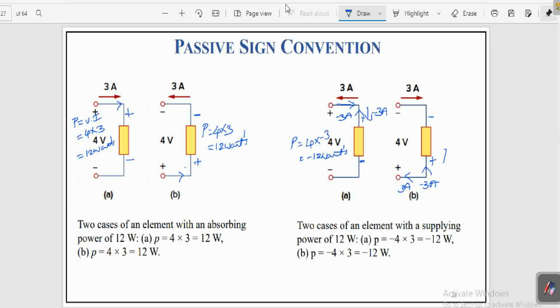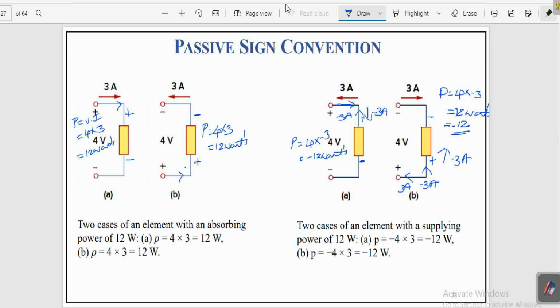So here minus 3 amps current is entering into the positive polarity of your voltage source, and it obeys passive sign convention. Here the voltage is 4 and the current is minus 3, so we are getting minus 12 watts. Minus 12 is negative, so this element is delivering power.